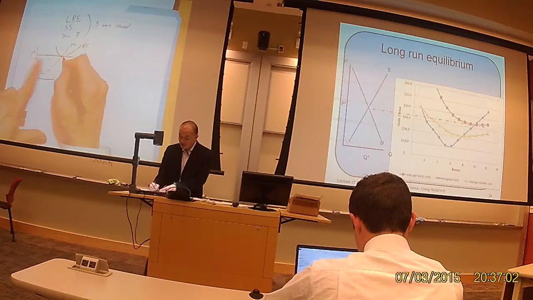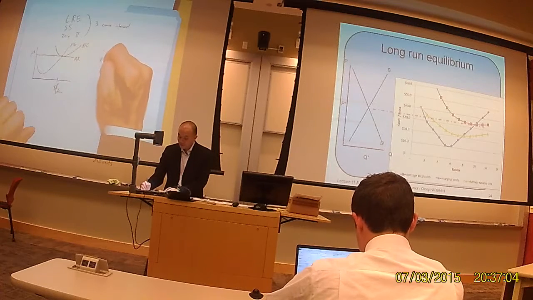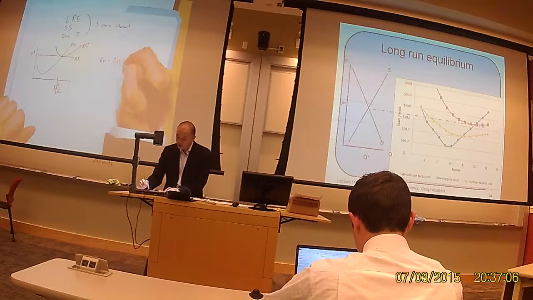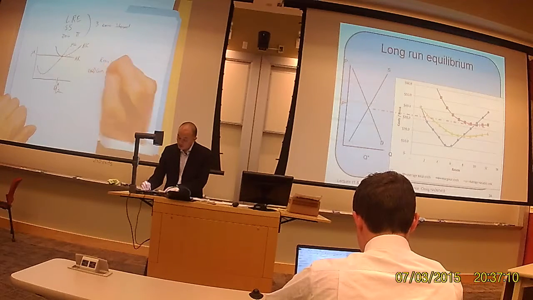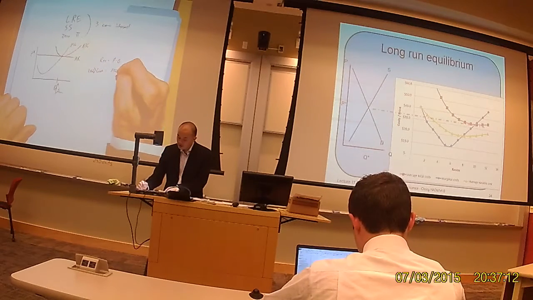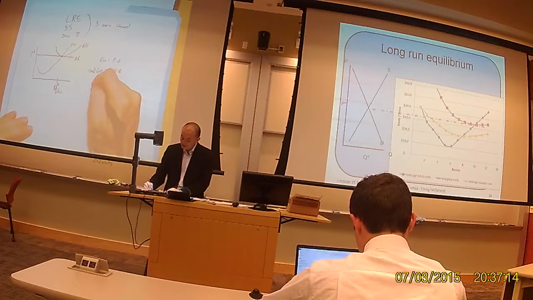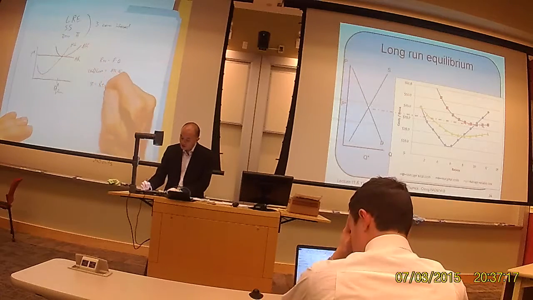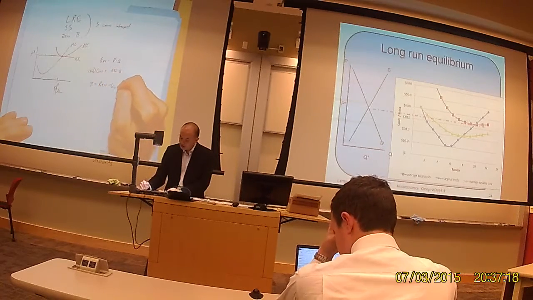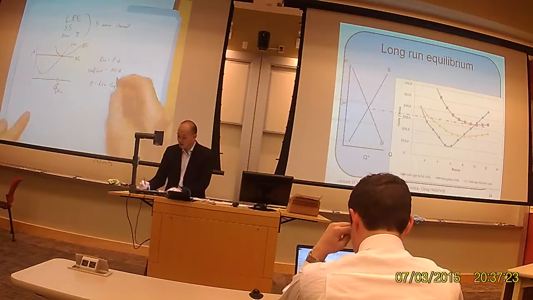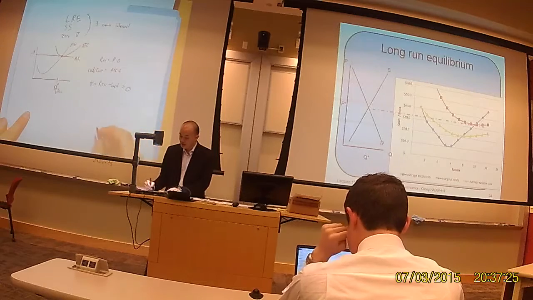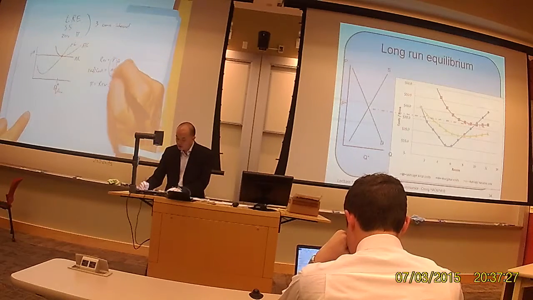Revenue is equal to price times quantity. Total cost is equal to average total cost times quantity. And profit is revenue minus cost. In this case, since the price and the average total cost at that point are the same, profit is going to be 0.